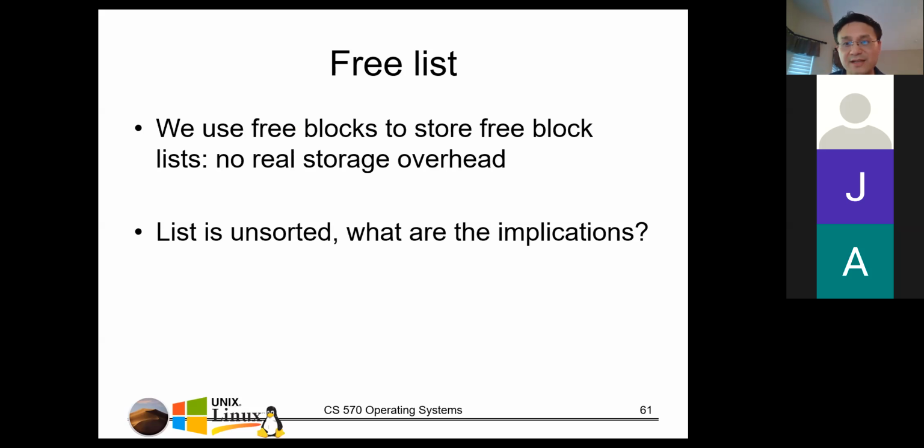You only need one node to track that, essentially a pointer and the size of that chunk. So if you have a lot of gaps or holes with consecutive blocks, this linked list scheme can be very efficient.